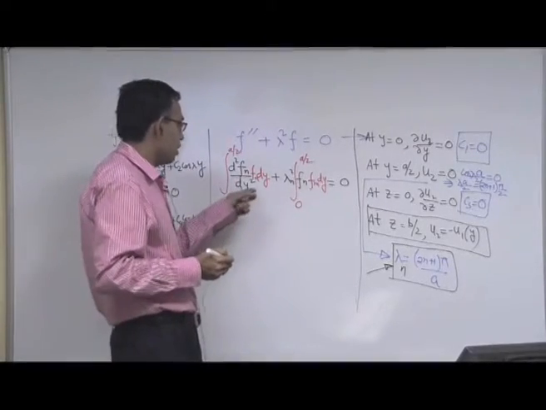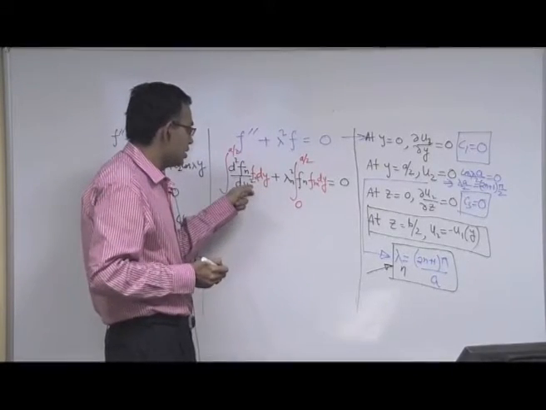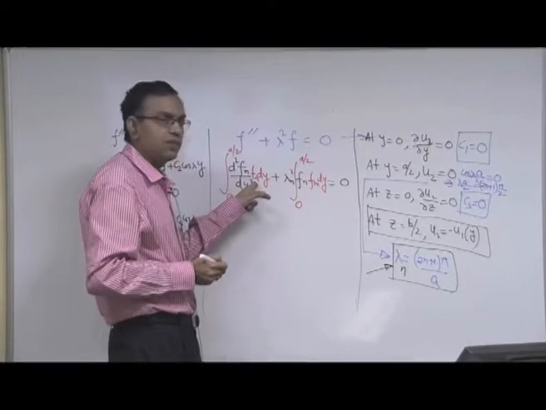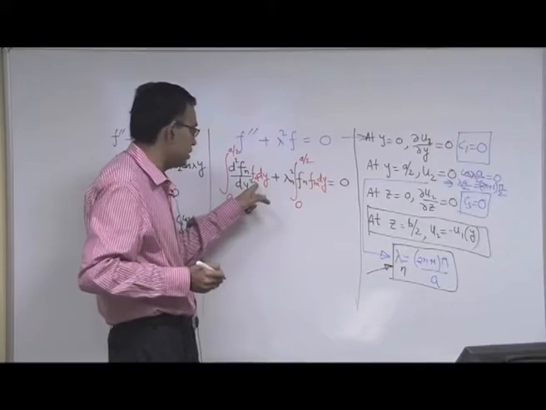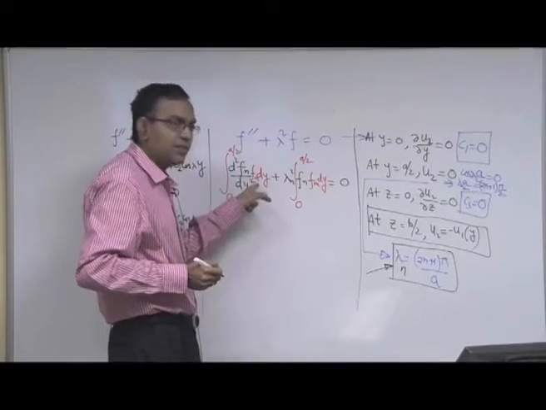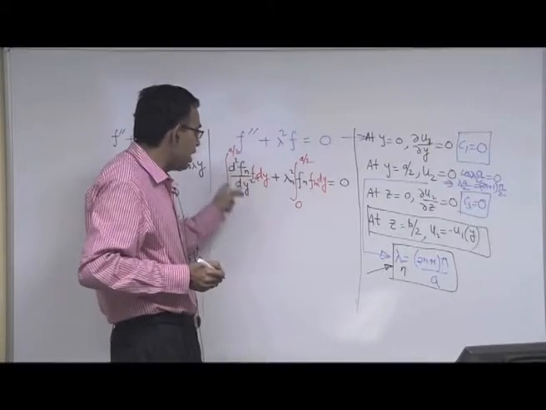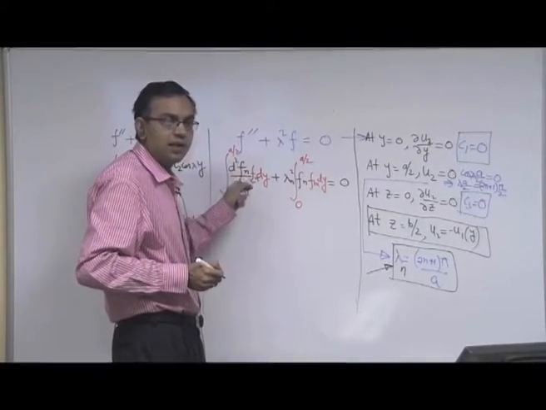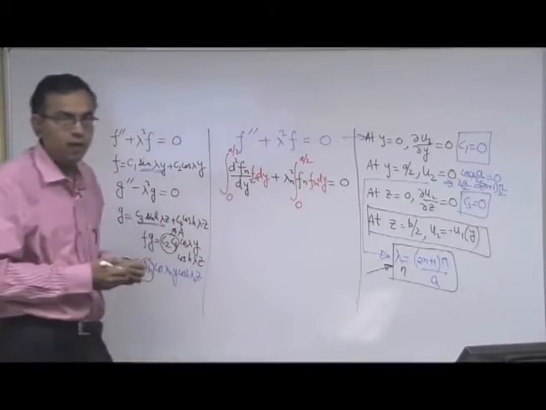Now, what we will do is we will integrate it by parts. One of these functions we have to consider the first function, and the other function we have to consider the second function. Typically the rule is first function into integral of the second. So, we typically take the higher order derivative as the second function, because we can reduce the order of the derivative by integrating through integration by parts.